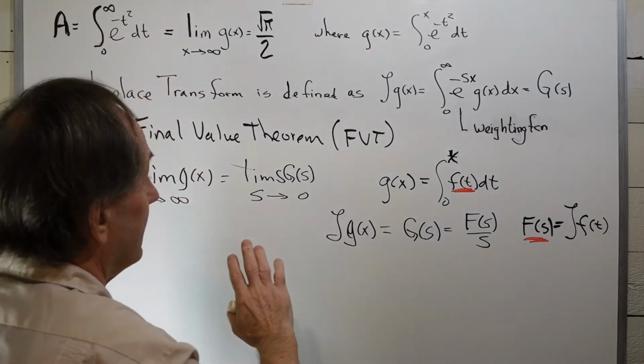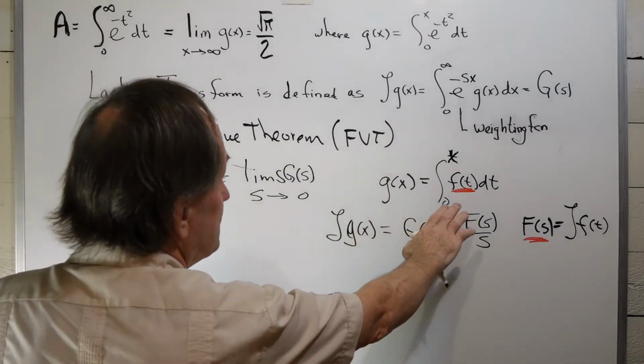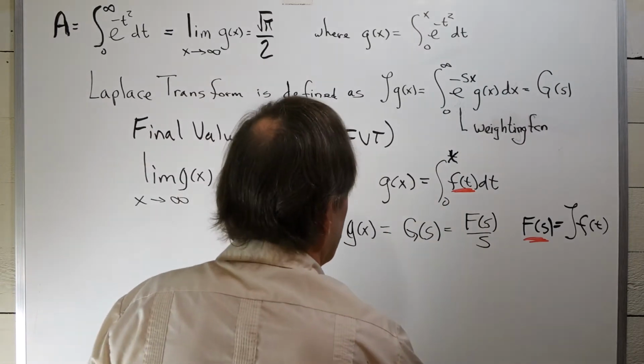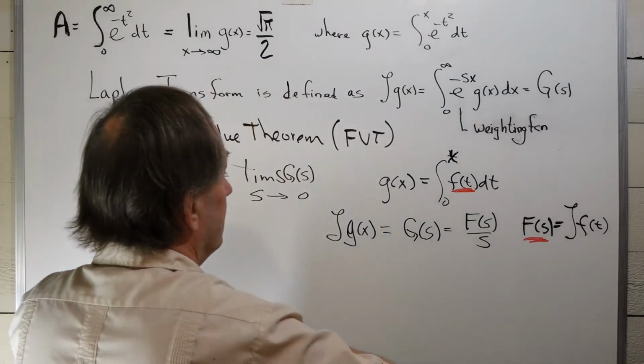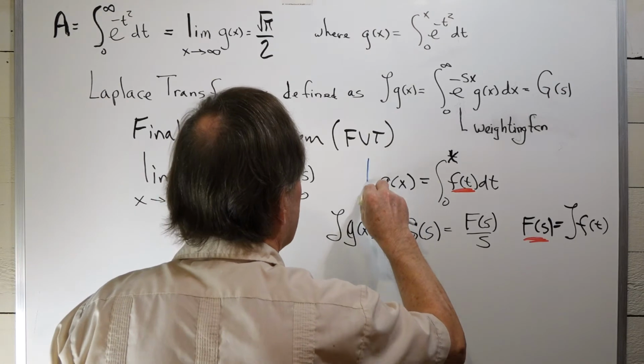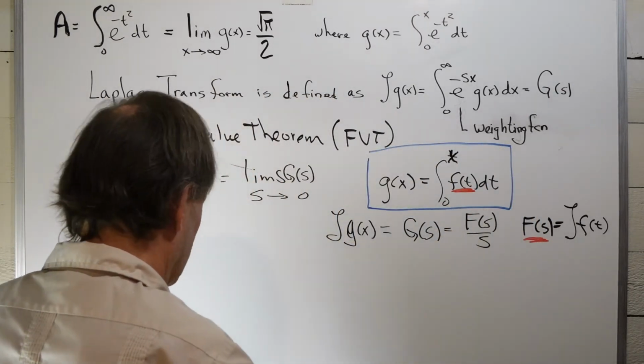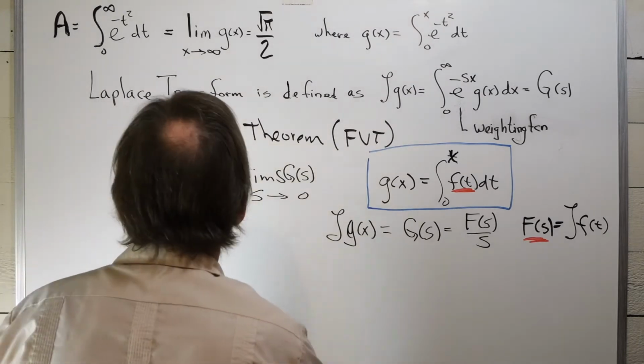Now, let's look at this first in general. Let's apply the final value theorem to the integral of f of t. We're going to look at this and apply the final value theorem to it.